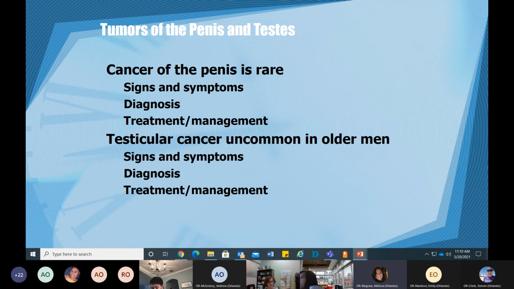Perfect. You're right, Melissa. Sometimes it's misdiagnosed, and the only real way to find out if it's actually cancer is to do a biopsy. But the gentleman that I had taken care of was obviously full of lesions, and it's like, whoa, this doesn't look right. So they biopsied and found out he had cancer. It's rare, but it happens.